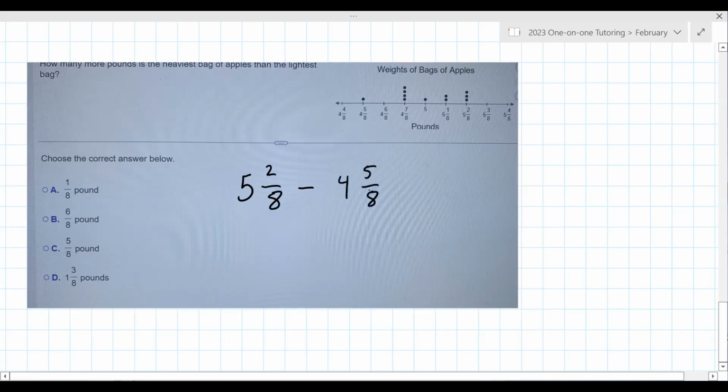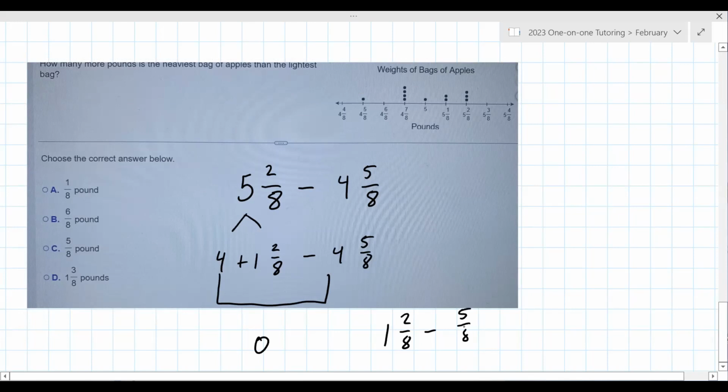Okay, so this one's pretty tough because it's different than the ones we've been doing. This one on the left becomes 4 plus 1 2/8 minus 4 5/8. So when you take the 4 and subtract 4, you get 0. So we have to do 1 2/8 minus 5/8.